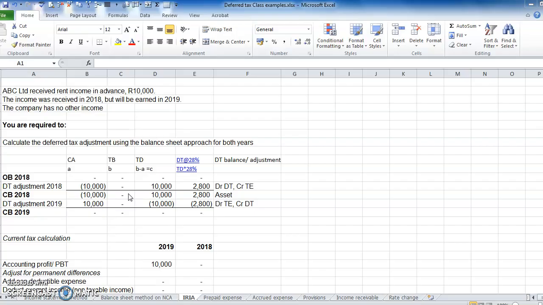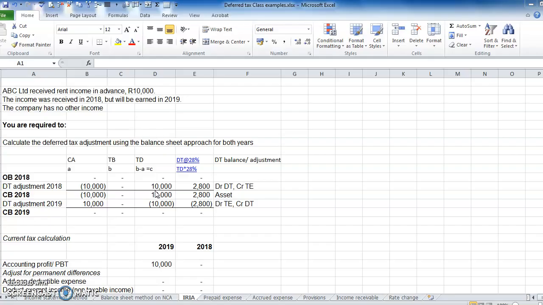So it's the 10,000 minus 10,000, which gives us 0. Our temporary difference is 10,000, and the temporary difference times 28% gives us a deferred tax balance of 2,800.